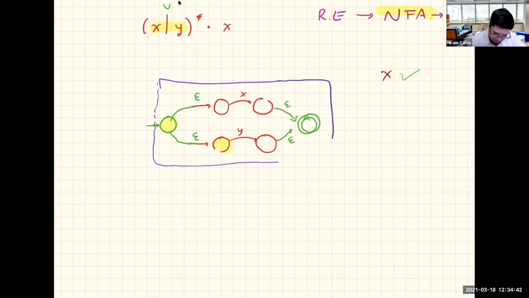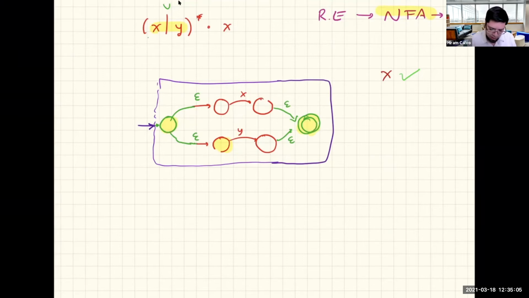So at every point, each one of these machines will have one initial state and one accept state, no more. And at each point, I can ensure this by adding things like this. So this newly created machine has one initial state and one final state.